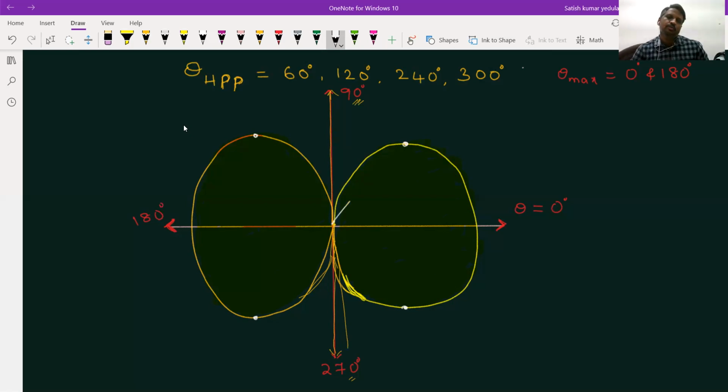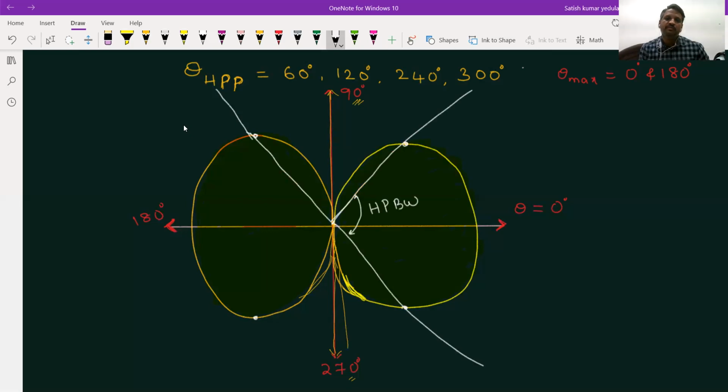For this particular lobe you have to take like this, and for this particular lobe you have to take like this. And this is your half power beam width, HPBW. For the other lobe, the half power points go like this, and this is also equal to the previous half power beam width value.